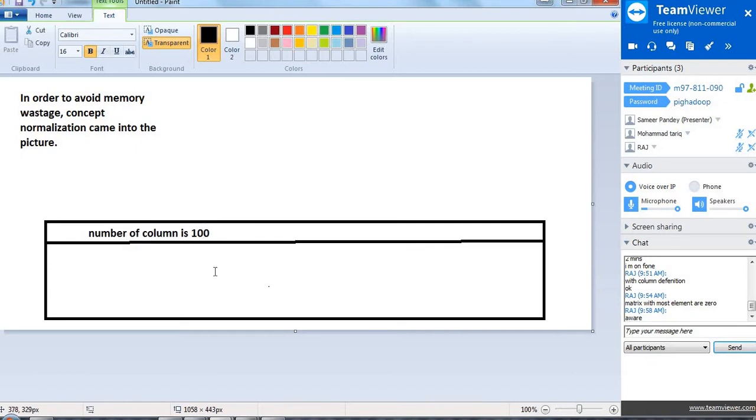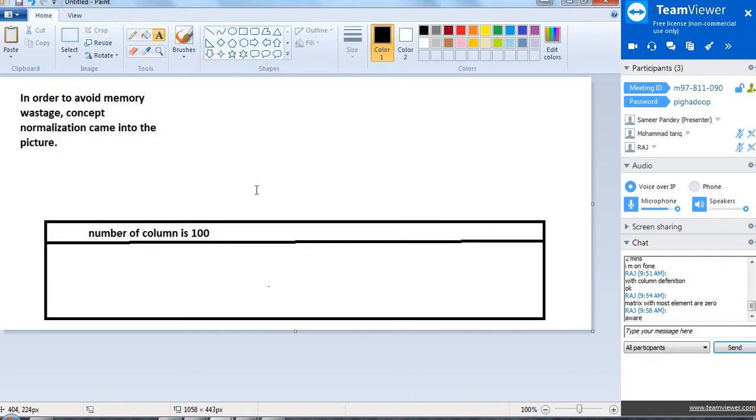So if I say that the number of columns is 100 in a single table, there can be a possibility. And you know why we do normalization?